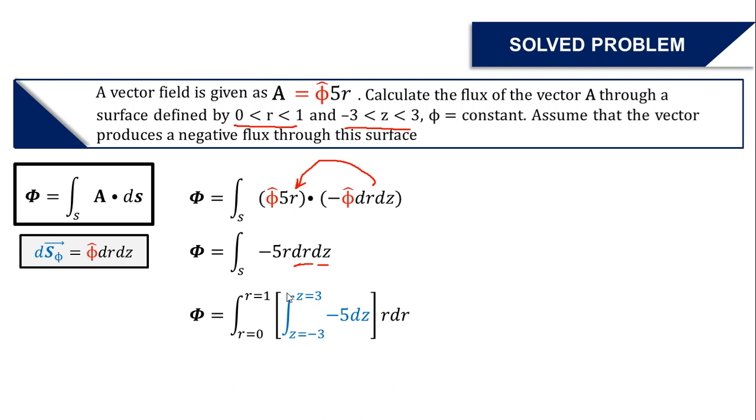So, equal ito sa integral sa part ng r. Then, sa part naman ng z, meron din. So, negative 5 dz times r dr. Pinagsama ko lang muna yung r dr dahil sa pangalawa pa siya.